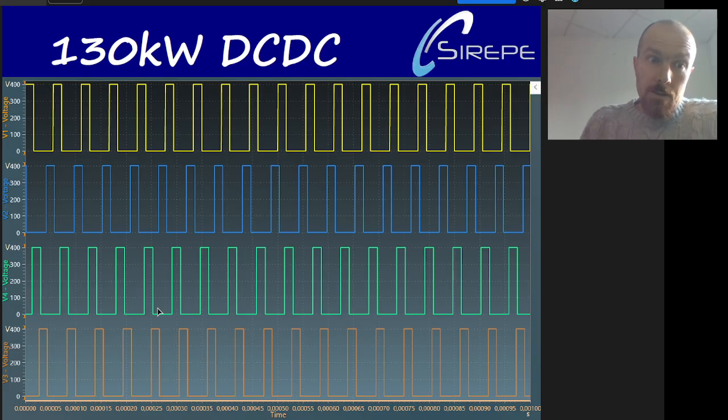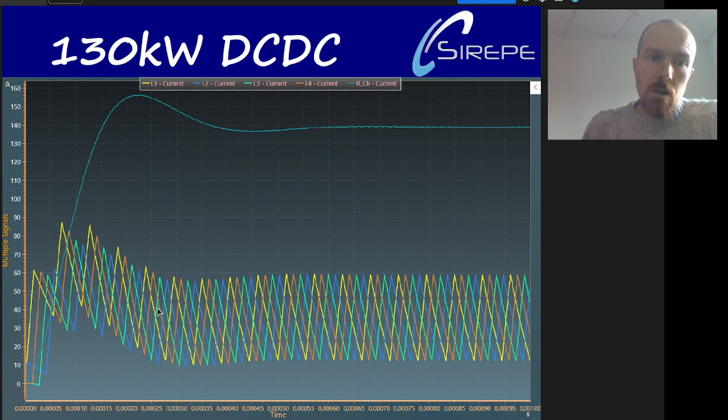Here we can see the 4 switching voltages and their interleaving. For the current, each leg current is a fourth of the battery current, and the ripple is interleaved between each leg current. So the sum of all these currents leads to a very clean current in the battery.